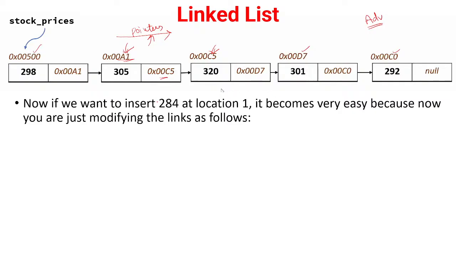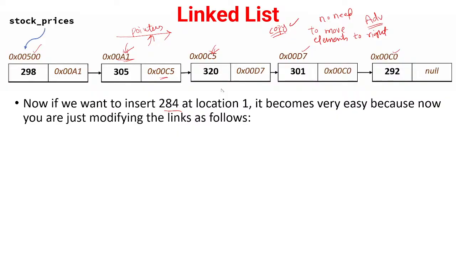Now you can ask what is the advantage, sir? When you want to insert a new element 284, there is no need to move any elements to the right. No need to perform copy operations, copying elements from one location to another.